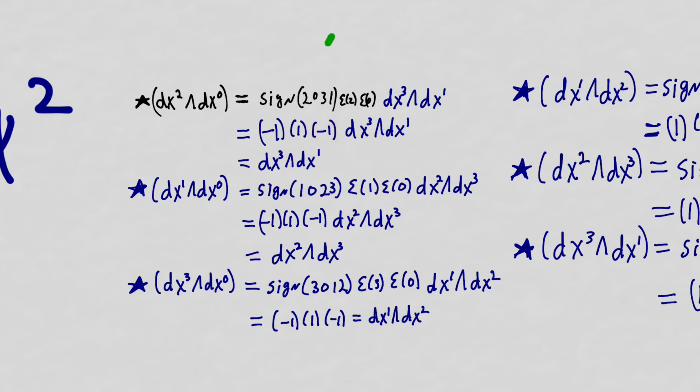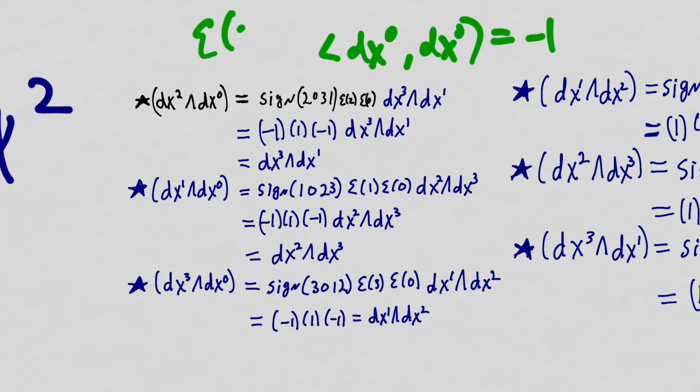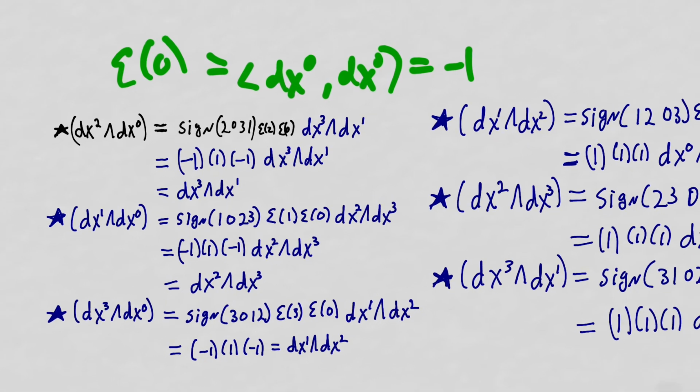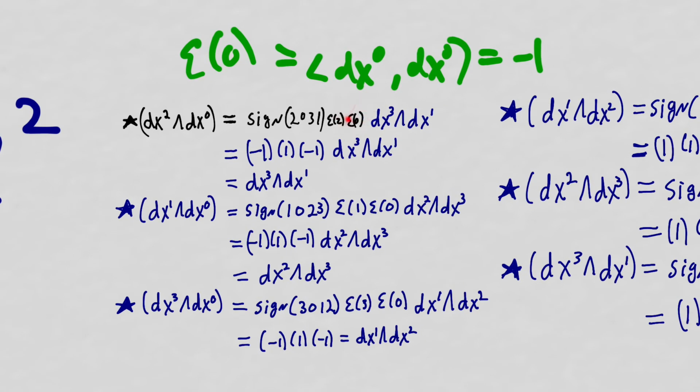In other words, we're looking for the sign of the inner product of dx0 with dx0, not wedge, inner product. That is equal to -1, and that's what we're calling epsilon of 0. So this epsilon of 0 term right here actually gives us this -1, which counters that.